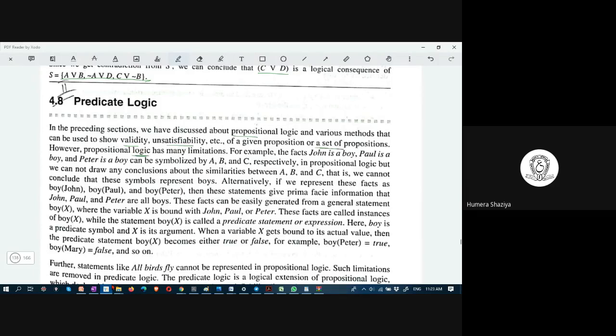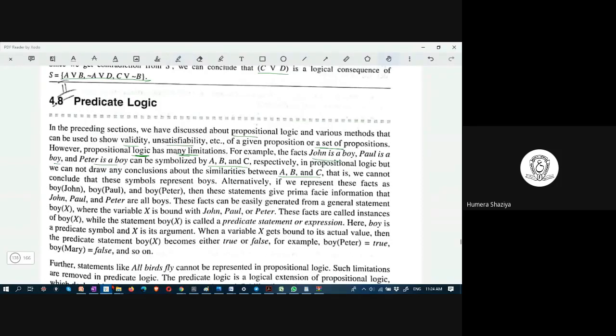Propositional logic has many limitations. For example, John is a boy, Paul is a boy, Peter is a boy. This can be symbolized as A, B, C respectively in propositional logic, but similarities between A, B, C cannot be drawn.